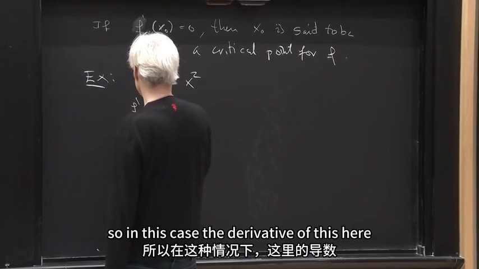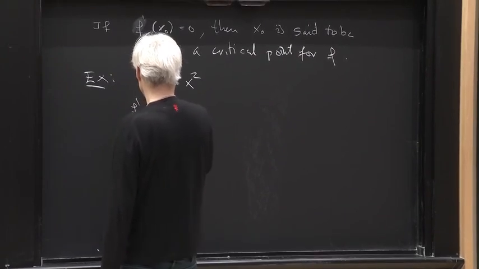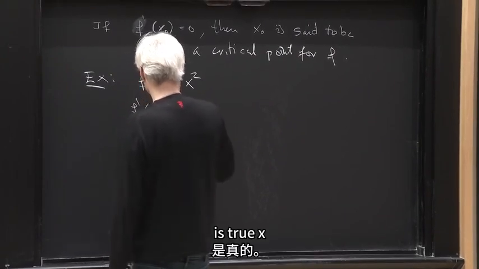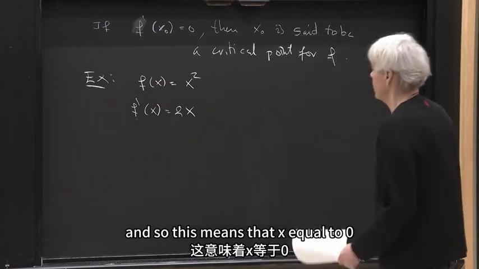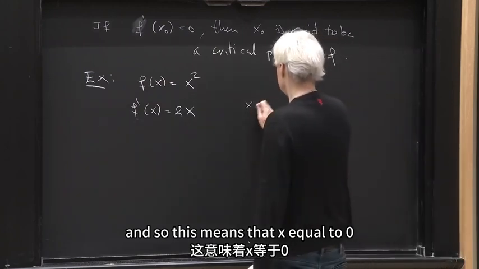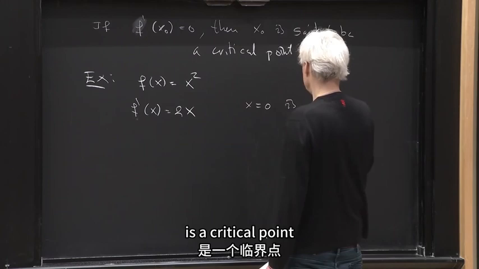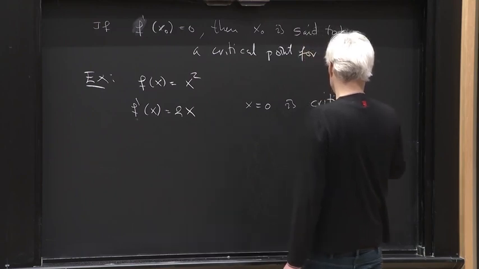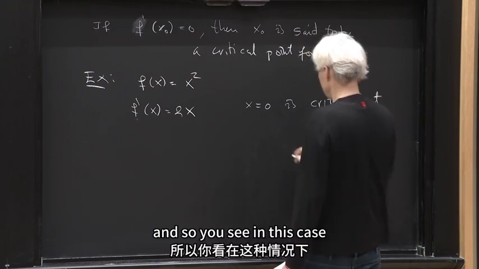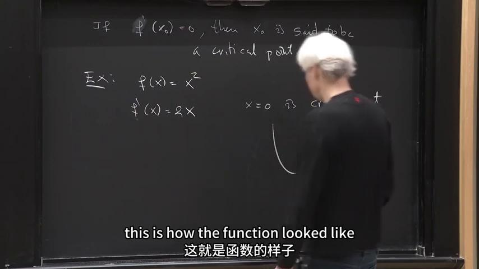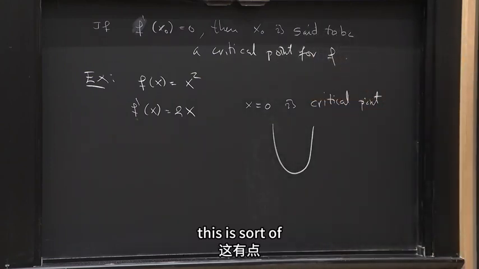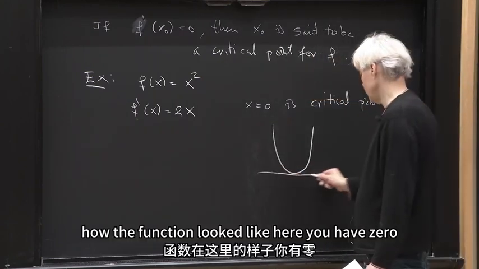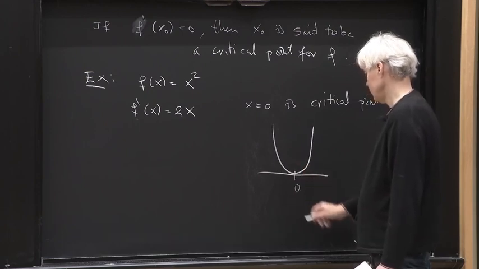So in this case, the derivative of this here is 2x. And so this means that x equal to 0 is a critical point. It's actually the only critical point. And so you see in this case, this is how the function looked like. Here you have 0.